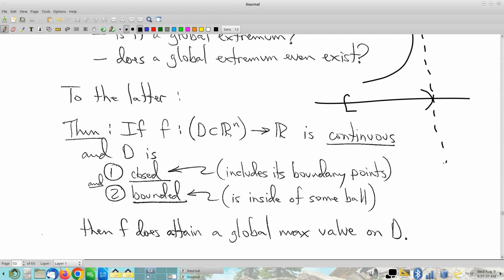It is continuous everywhere in its domain. We're not responsible for what's happening at the open boundary point because that open boundary point is not part of the domain. This function's perfectly continuous, right? So because there's an open endpoint, that's why this bad thing can happen. So again, that's why we need it to be closed.